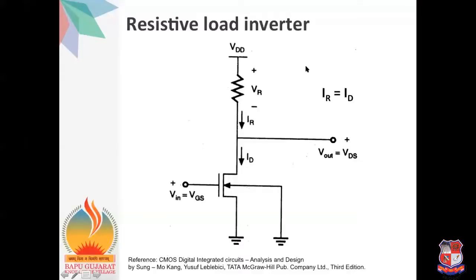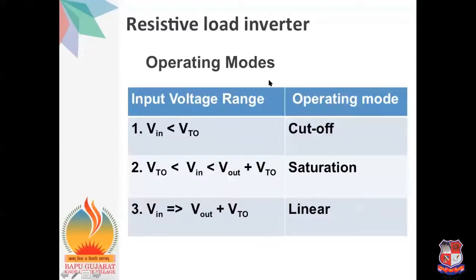So here in the resistive load inverter also, Vin is the voltage between the gate and source, and Vout is the voltage taken from the drain terminal of the N-channel MOSFET, that is the driver MOSFET. Now this resistive load inverter also has three operating modes: cutoff, saturation and linear.